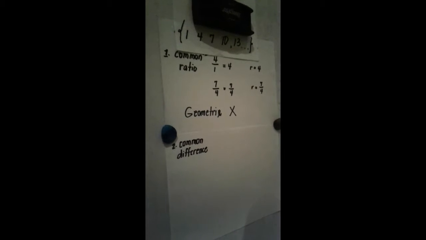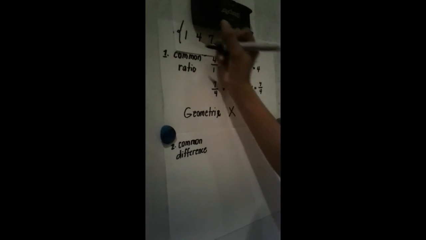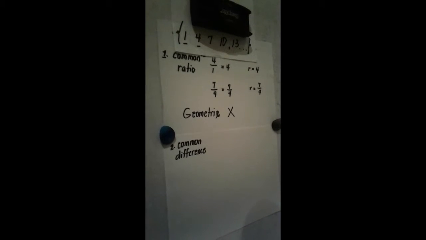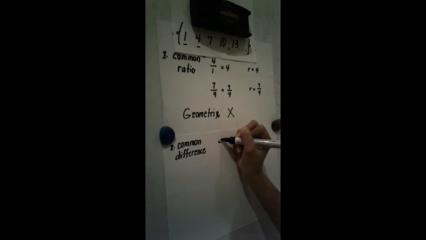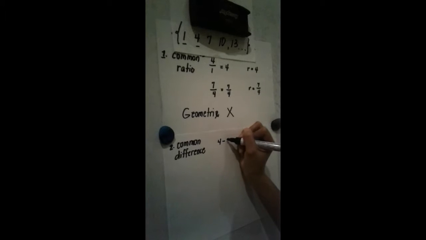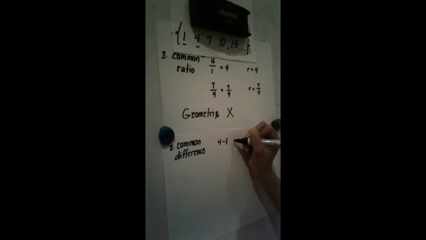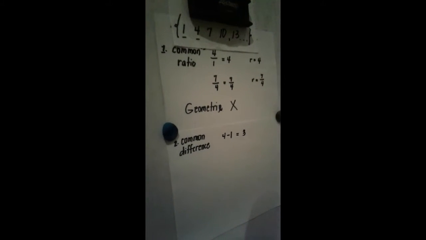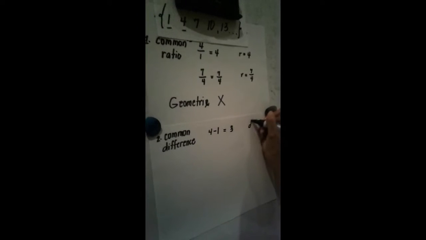Let's start with the first two terms, which are 1 and 4. To find the difference of these two terms, we take 4 and subtract the term that comes before it, which is 1. So it will be 4 minus 1, and the answer is 3. So we are now proposing that the common difference is 3.